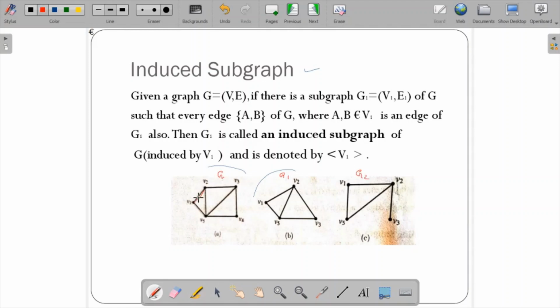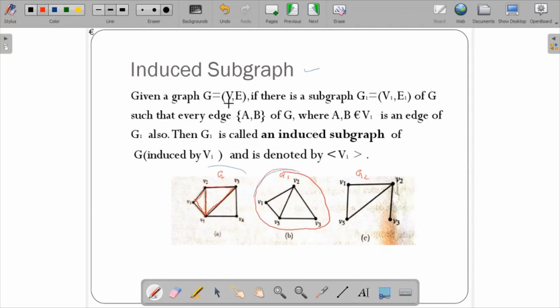So V1 to V2, yes, it is there, V1 to V5 is there, and V2 to V5 is there. And then V2 to V3 is there. Only this section is not there; this entire section is there. So the same graph we have written over here. So this is that induced subgraph.